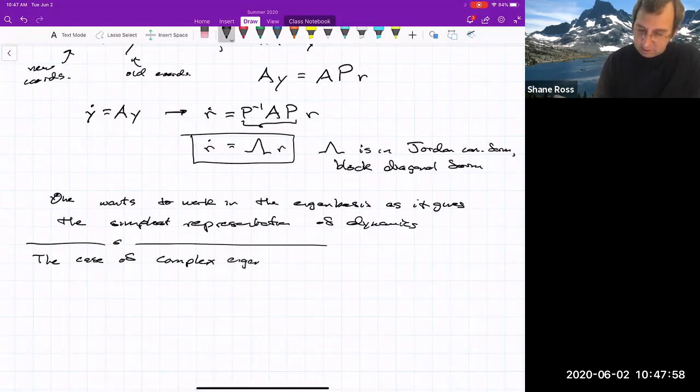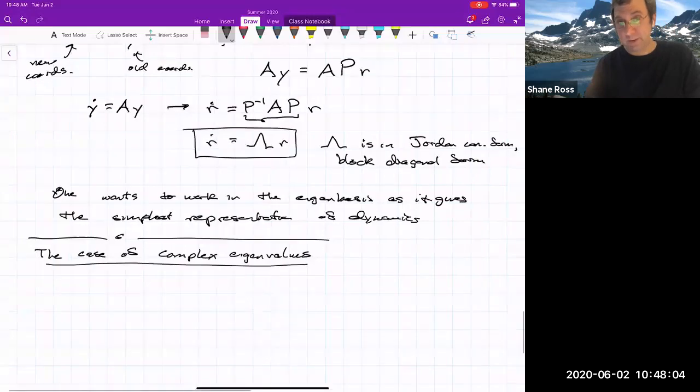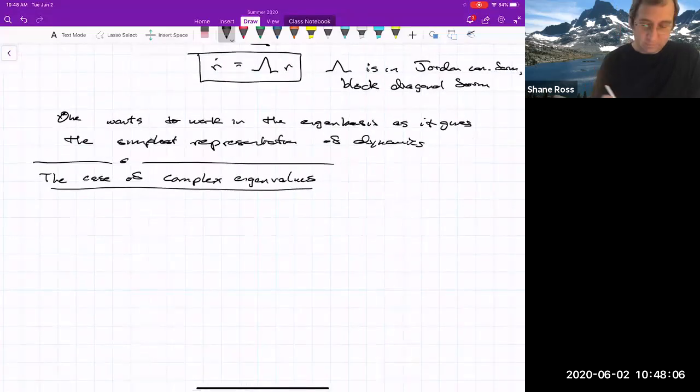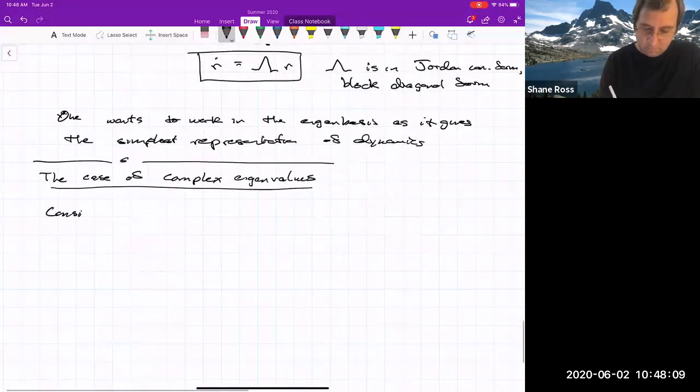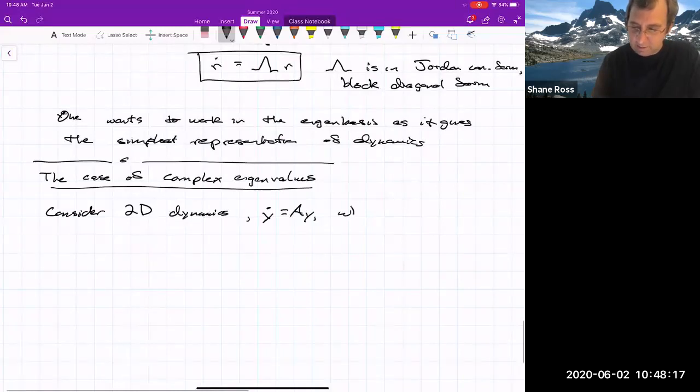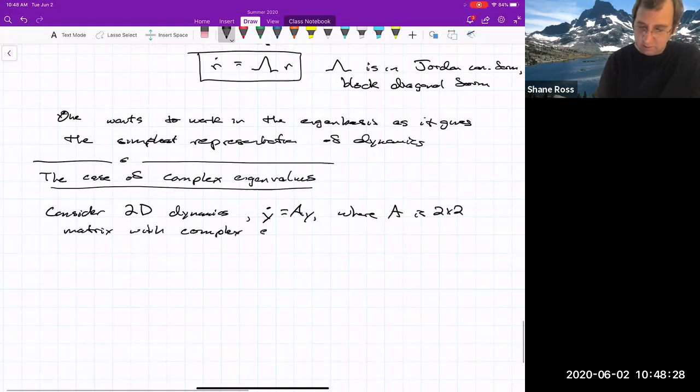The case of complex eigenvalues will definitely come up. They're what gives rise to the center manifold. So we're going to consider 2D dynamics: y dot equals Ay, where A is a 2 by 2 matrix with complex eigenvalues.